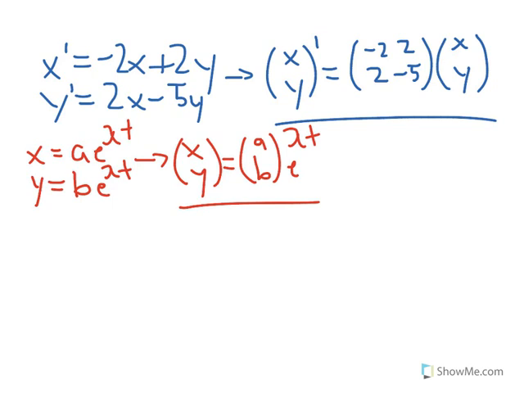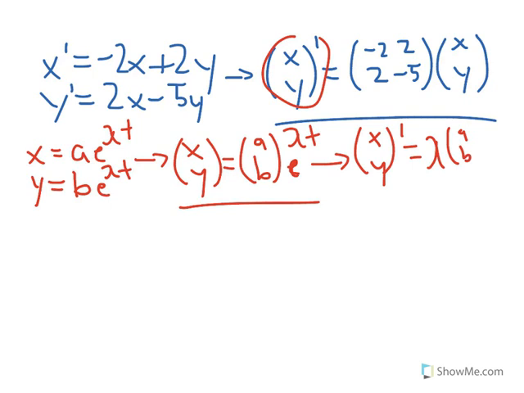Now what do we do about this (x, y) prime here? Well, we can actually differentiate this. We can say that (x, y) prime equals, we would just differentiate the e to the lambda t value, so we just get a lambda in front.